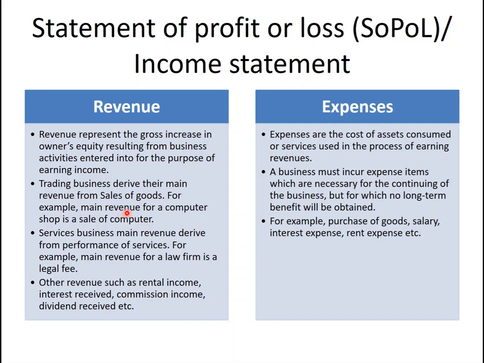For example, main revenue for a computer shop is the sale of computer. Services business main revenue derived from performance of services. For example, main revenue for a law firm is a legal fee. Other revenues such as rental income, interest received, commission income, dividend received, and etc.